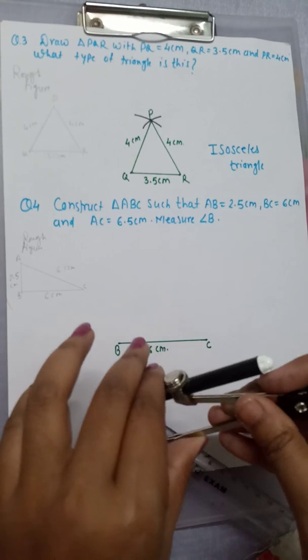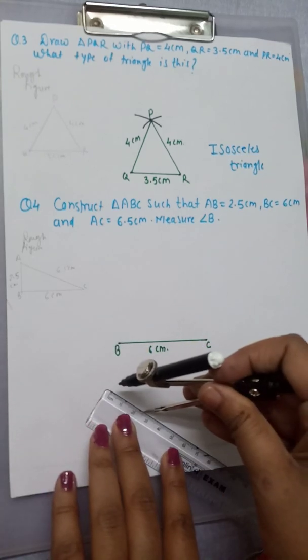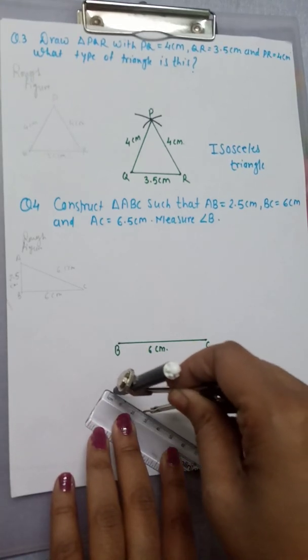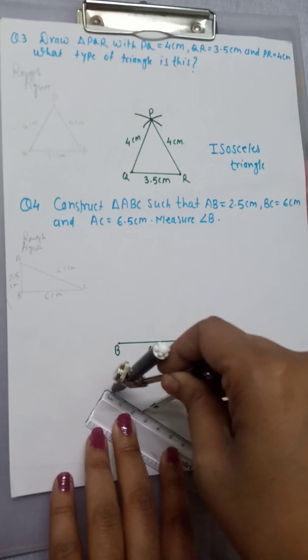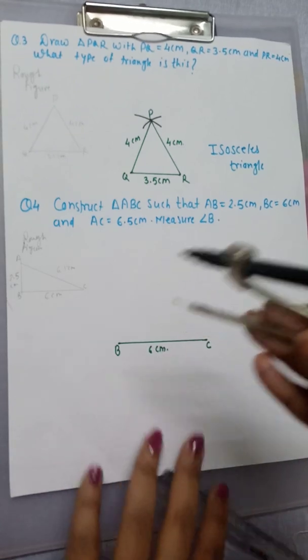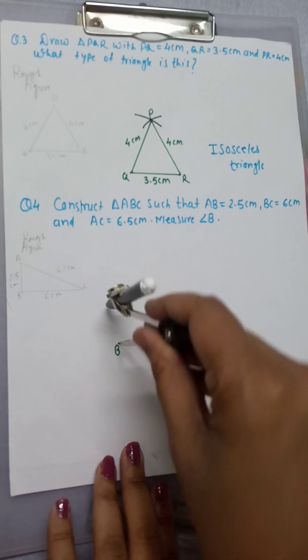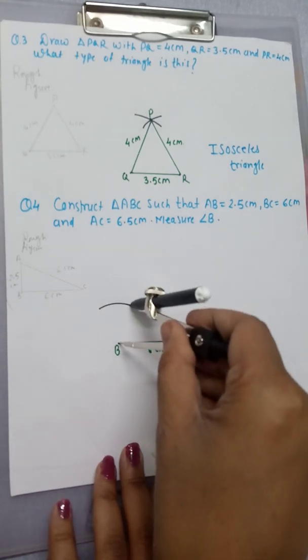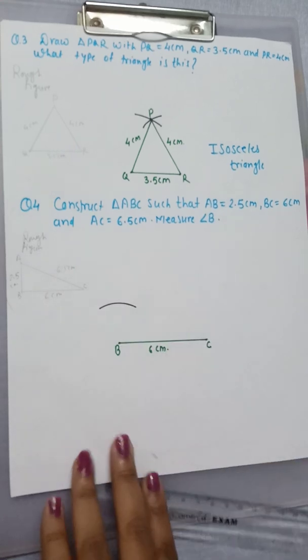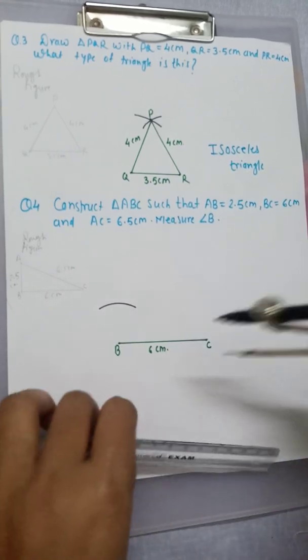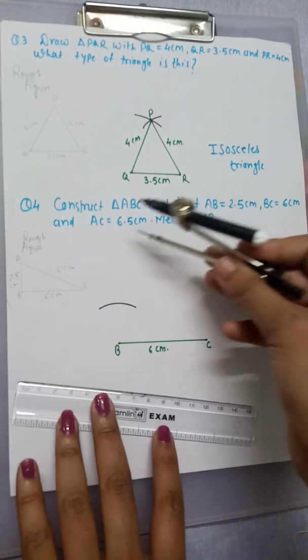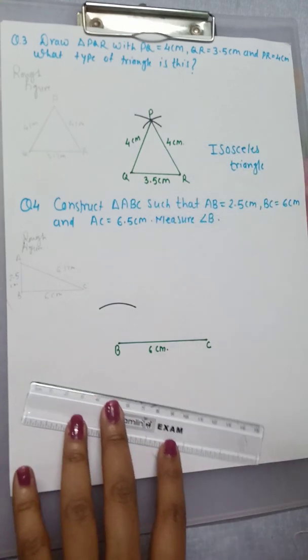After 5 lines, so this radius. Now 2.5 we have stretched a compass. Now B as a center we have to draw one arc like this way. Now C as a center we have to take radius 6.5 centimeter.